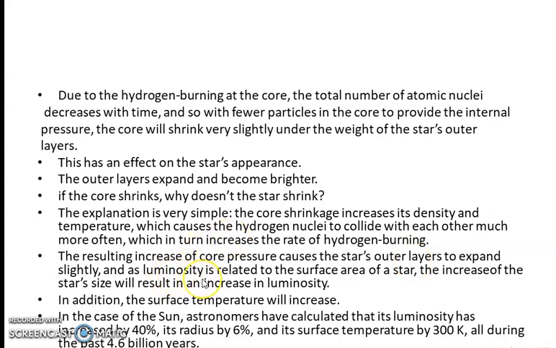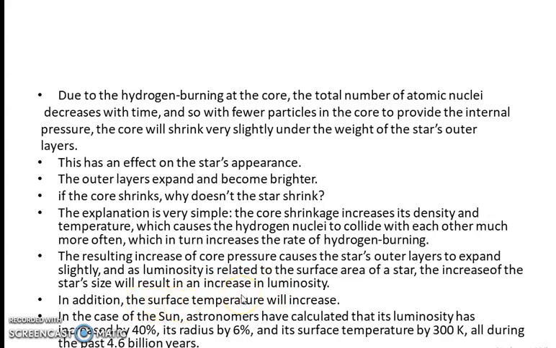And the luminosity, which is related to the surface area of the star and the temperature, increases. So when the outer layers expand, its radius increases and luminosity increases. So there is an increase in luminosity and also an increase in surface temperature.